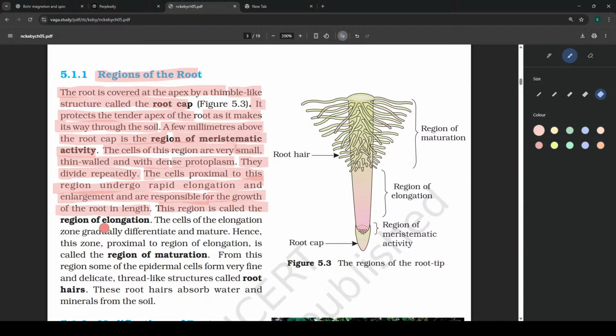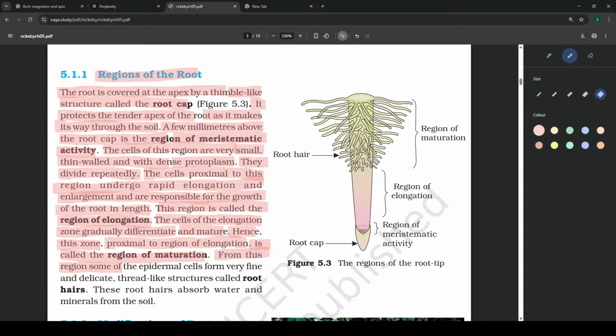This region is called the region of elongation. The cells of the elongation zone gradually differentiate and mature. Hence, this zone, proximal to the region of elongation, is called the region of maturation.